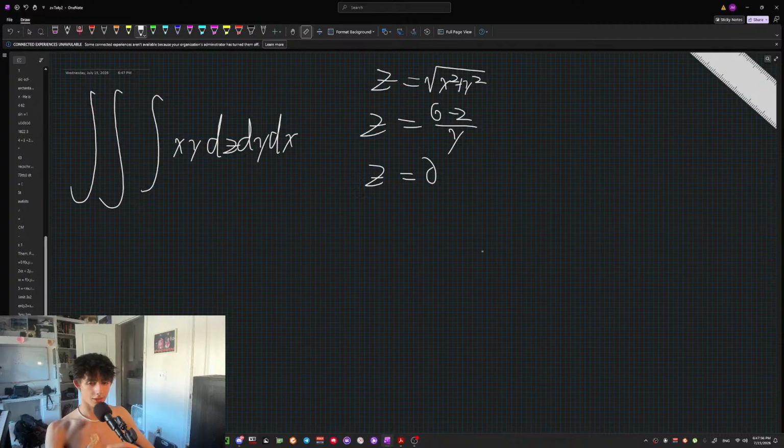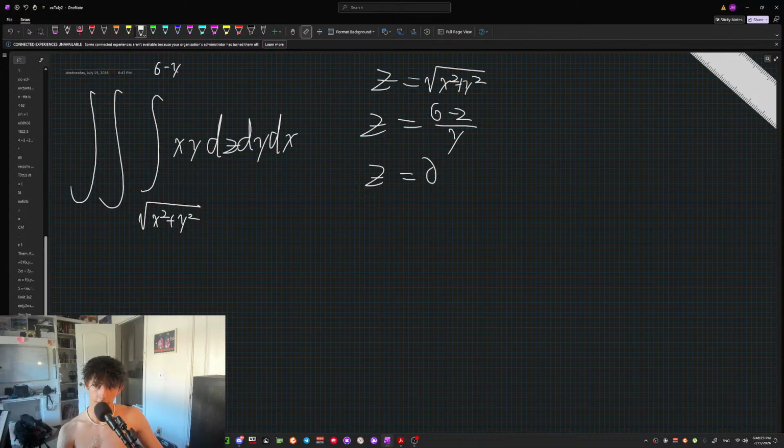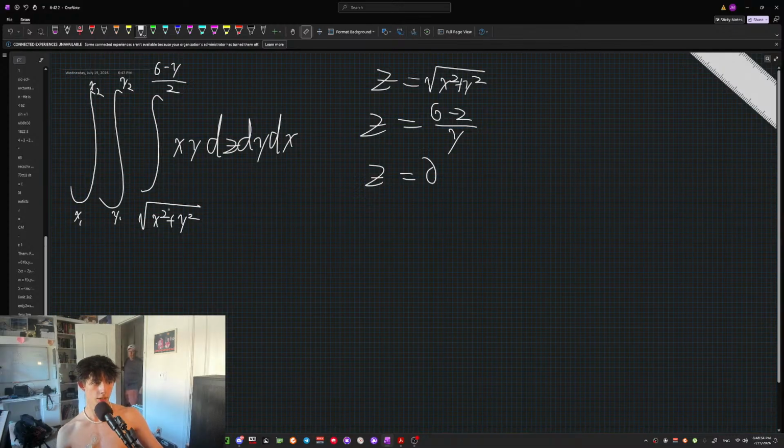It's bugging me. I don't know. It's a cone, so we can start by bounding Z. Z is obviously in between X squared plus Y squared, and then 6 minus Y over 2. And then we're going to call this Y1, Y2, and then X1, X2 to save on space. Yes? Yeah.